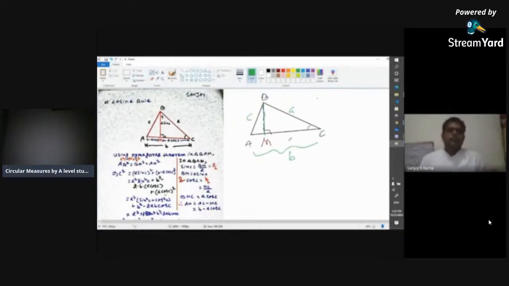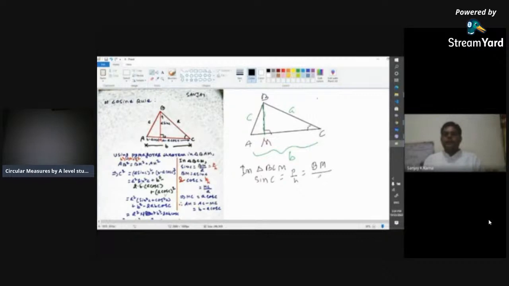Now let's see here, if you apply sine C. So in triangle BCM, if I'm taking angle C, so sine of angle C is, you know that sine of any angle is B by H. So B in this case is BM, and H in this case is the side BC, and BC has length a.